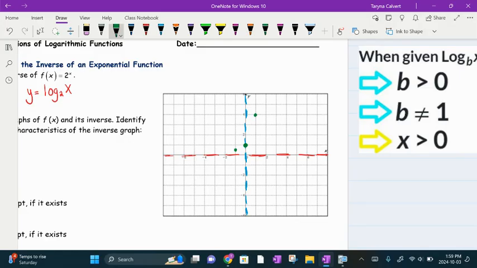And if I put -2 into my original, 2 to the -2 is a quarter. Do we know we're approaching the x-axis? Yes. So is that technically enough points? Yeah, so there's my original. It's going to be weird because it looks like my original is going through an asymptote. And it's not, because the asymptote it's approaching is the red line.